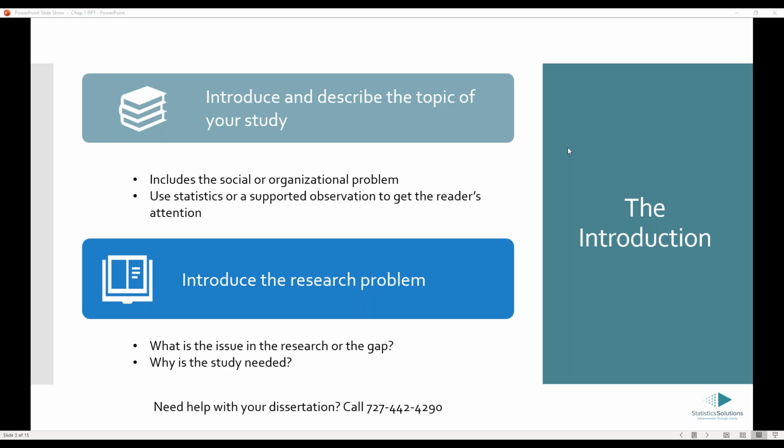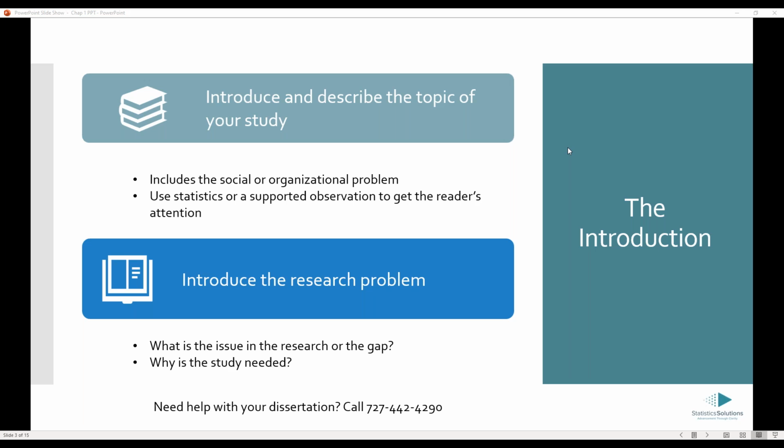You also need to introduce the actual research problem. Now you'll talk about the research problem more as the chapter progresses, but you want to introduce it here at the opening section of Chapter 1. In other words, what is the issue in the research, or what is the gap? Why is the study needed? So for example, your organizational problem might be retention of special education teachers, right?